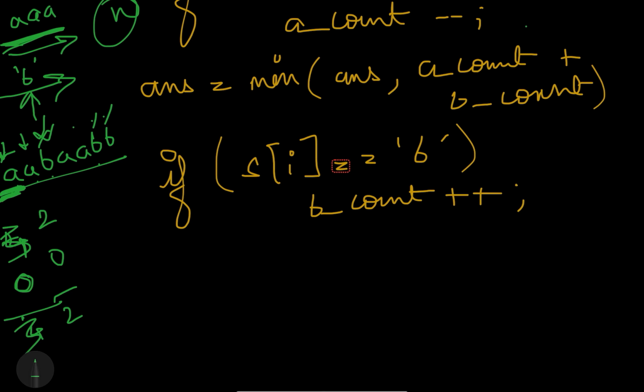Then at this point we have A count as 1 and B count is still 0. So it will be 1. Then at this point our A count would have been 0 and our B count would have been 1. So it would be a total of 1.